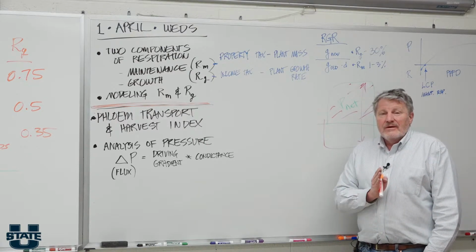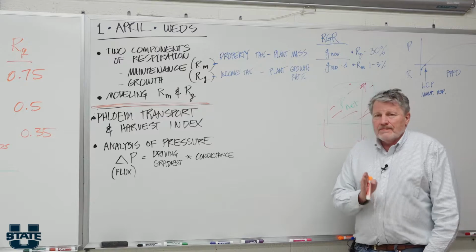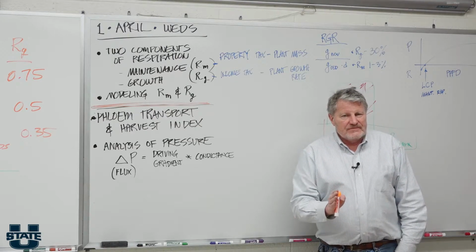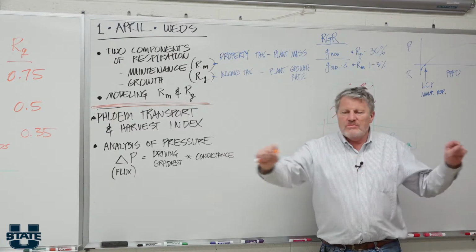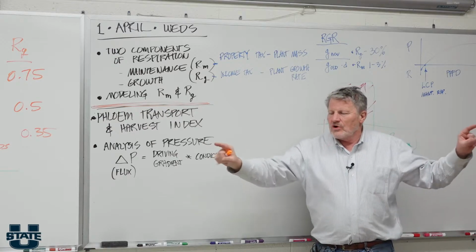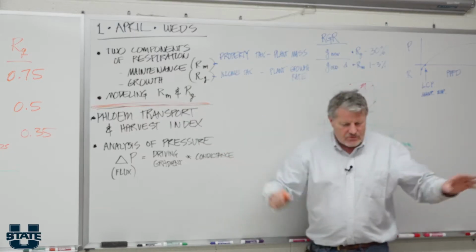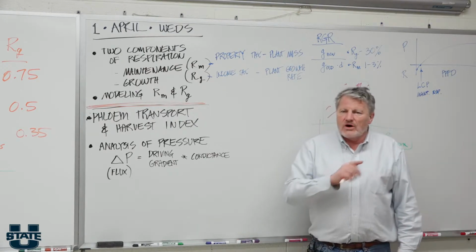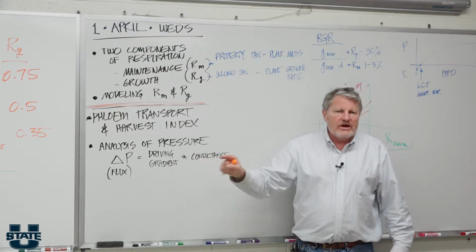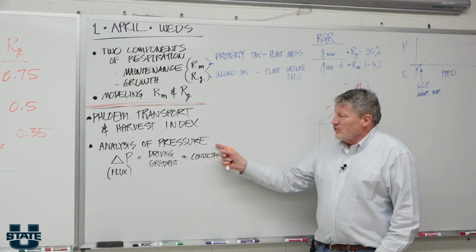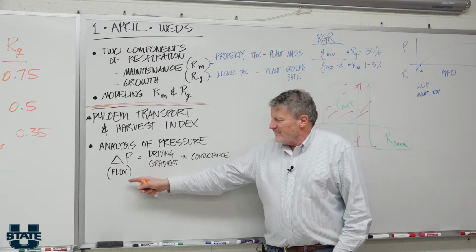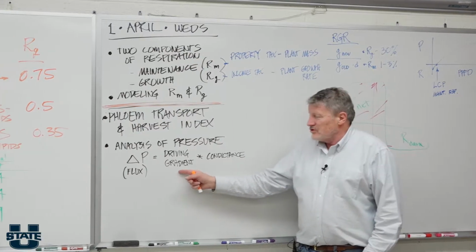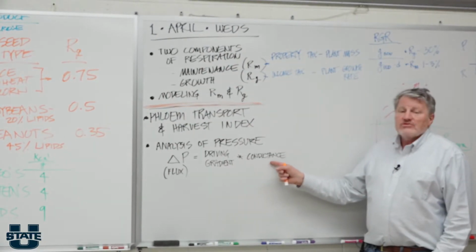So Phloem transport is pressure. It's the same thing as a tube of water and flow of water in a tube. Summer is coming. We're going to have the garden hoses out. You got pressure pushing water through a hose, and you have flow rate, and it comes down to a flux equals a driving gradient times a conductance.